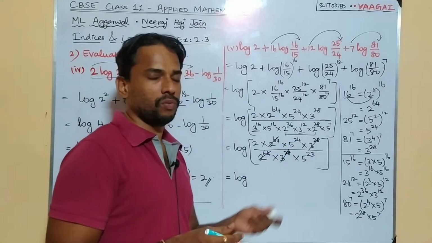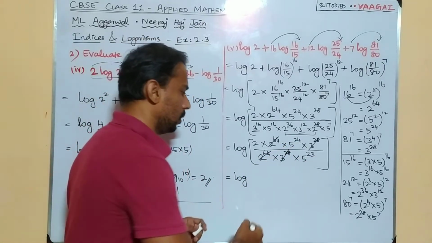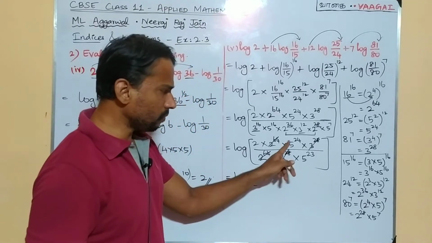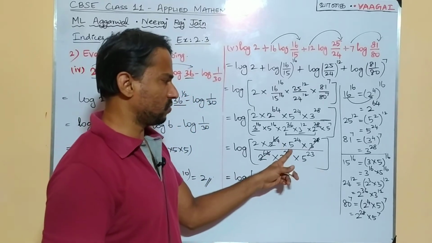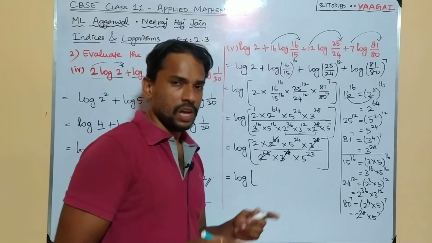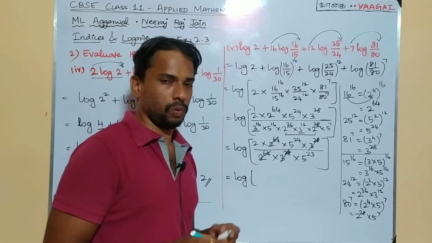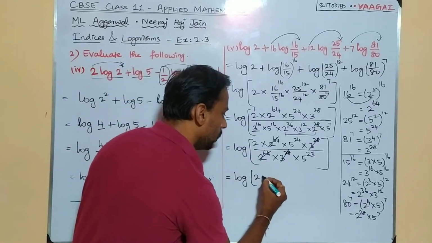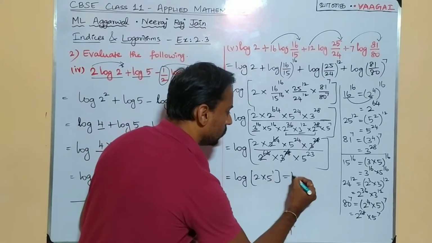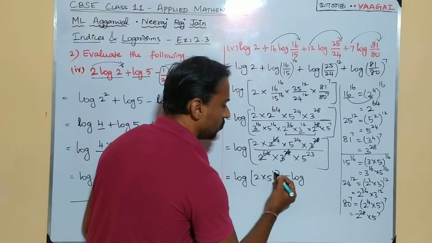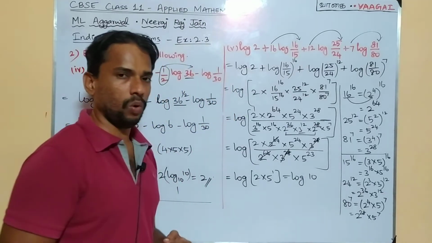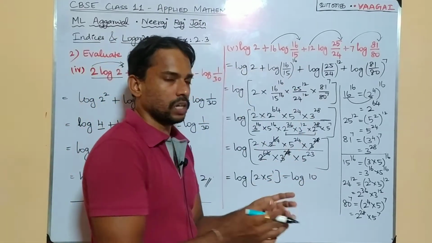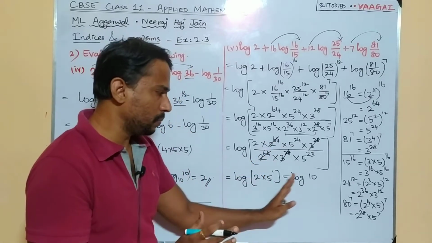What about 5 power 24 divided by 5 power 23? We can subtract the powers, 24 minus 23, so it will just become 5 power 1. So this becomes 2 into 5 power 1, which in turn becomes 2 into 5, which is log 10. So this entire big expression has shrunk and just became log 10.